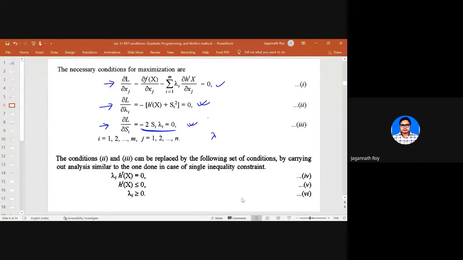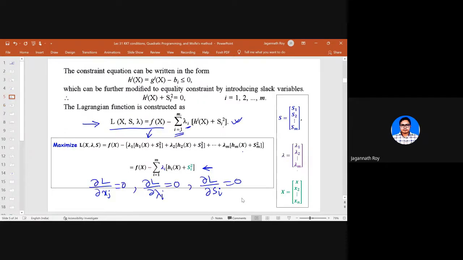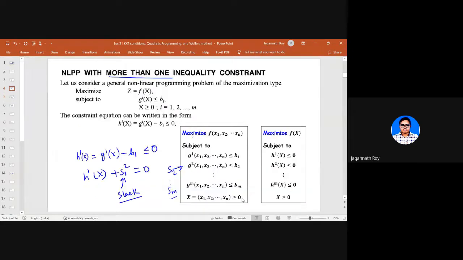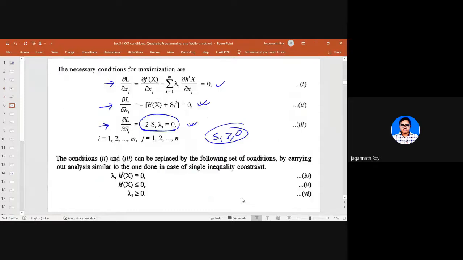That means if we consider all the lambda i's, the product of two can be 0, it can be non-zero also, it can be negative or positive. But S i square, S i we have taken as greater than or equal to 0, slack variables.